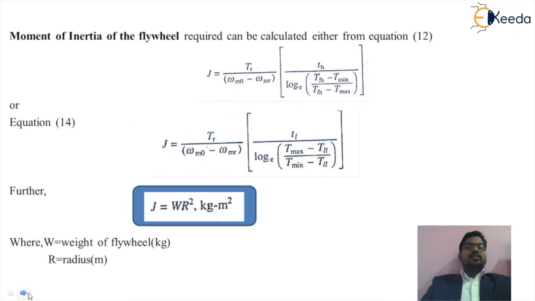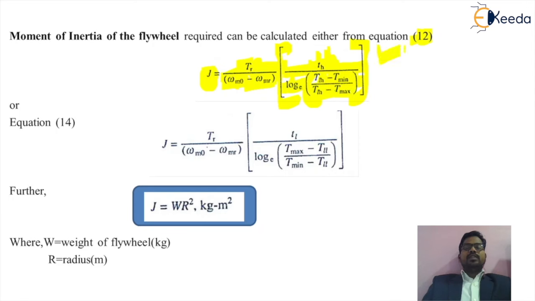Then next we get the value of the moment of inertia from equation number 12 and equation number 14. This is equation number 12, in which J is equal to the rated motor torque divided by (omega m0, the no load speed, minus the rated speed), times t_H, the timing for the high load torque, divided by log to the base e of (T_H minus T minimum divided by T_H minus T maximum).